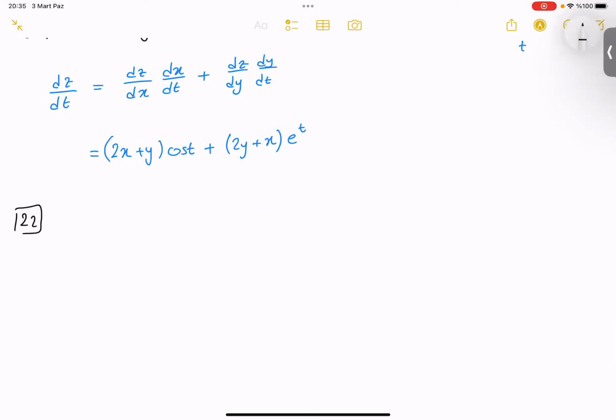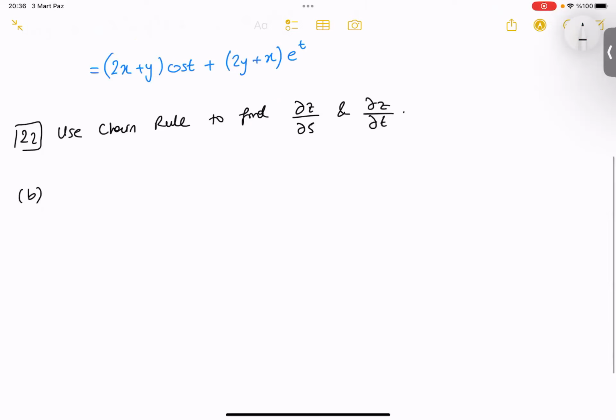Again, the same question. Use chain rule. Now to find dz over ds and dz over dt now, we will solve the part B. z is given by sine theta cosine phi, where theta is equal to st squared and phi is equal to s squared t.